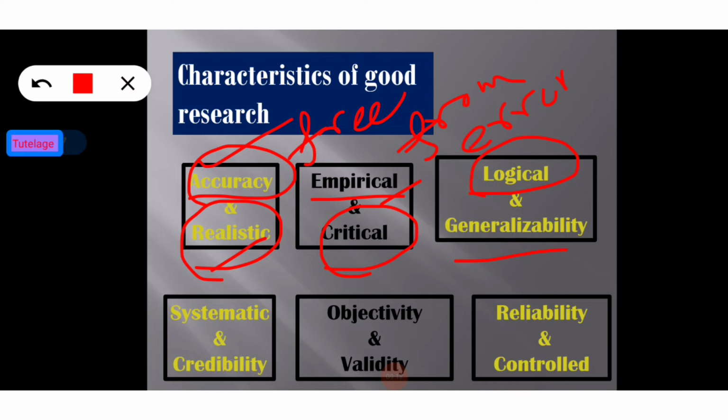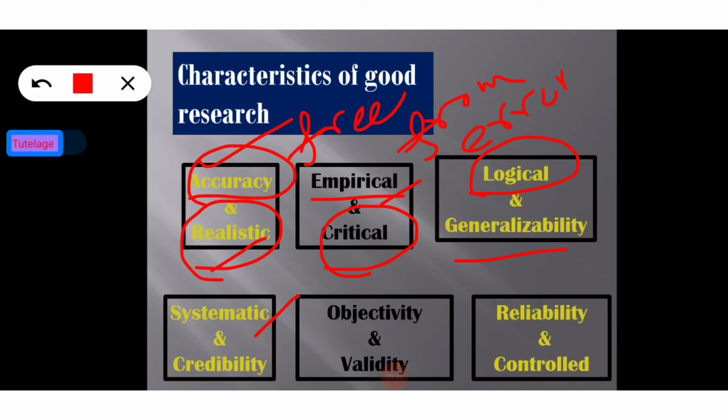Okay. Now going to the next one, that is systematic. Research should be systematic. This means that every research should follow a certain set of procedures. The researcher has to choose the procedures on the basis of their suitability to the research. This should be executed step by step.